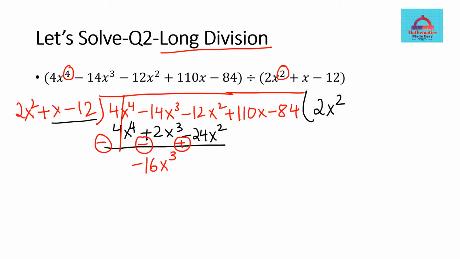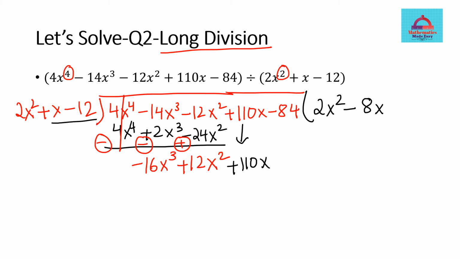Don't make any sign mistake. There is plus 24 minus 12, so 12x squared is what you get. Okay, so these are the two terms. Let's copy the third term from here, plus 110x. Okay, now you have 2x squared and you need 16x cubed with a negative sign. So the next term will have negative 8x, right?